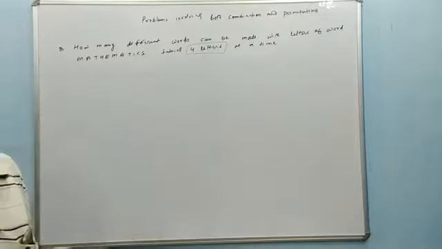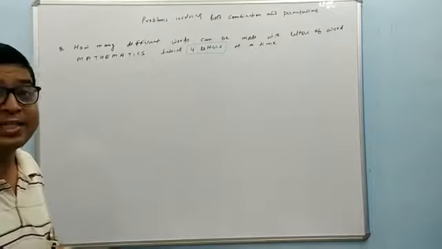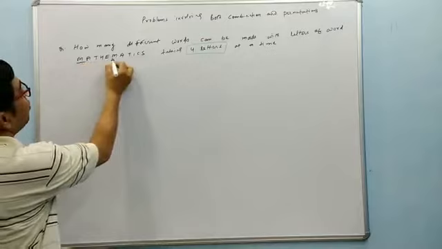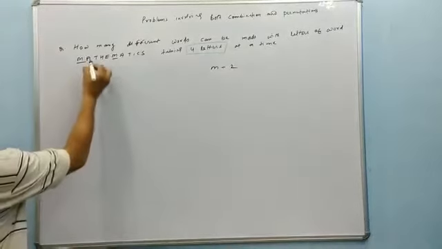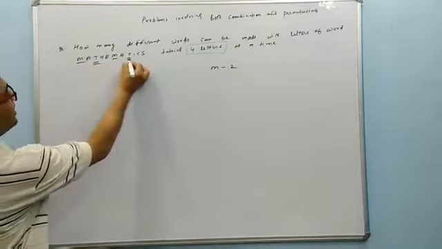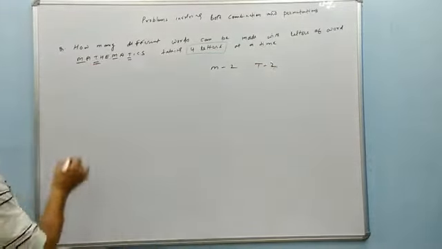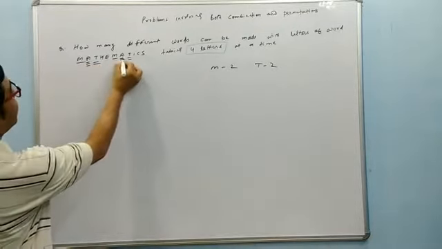So firstly we'll see what is the combination of mathematics, what it is consisting of. So you see here 2 m's are there, 2 t's are there, and 2 a's are there.